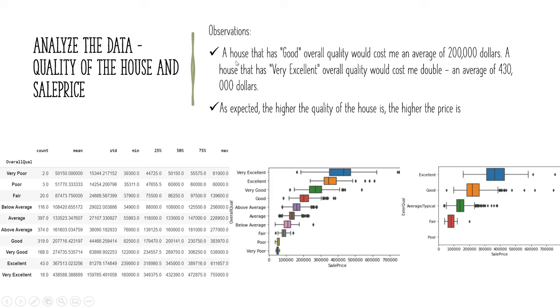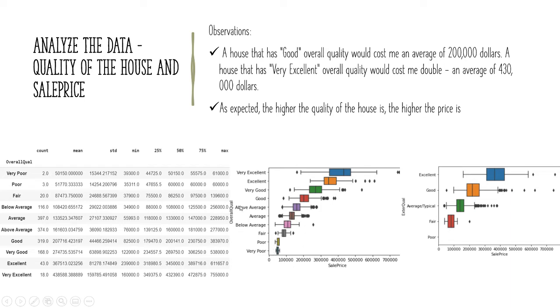And as you can see, good overall quality would cost me an average of $200,000, and a house that has very excellent overall quality would cost me double, an average of $430,000.